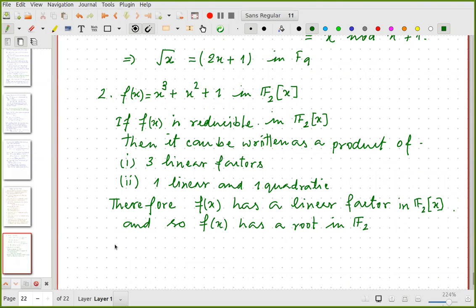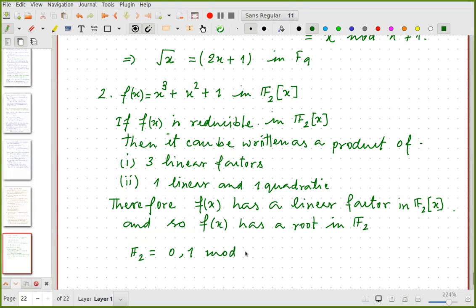So therefore, we can simply check that this polynomial doesn't have a root in F2. If it doesn't have a root in F2, then it is irreducible. And that is easy to check because F2 has just two elements, 0 and 1, so it's modulo 2.